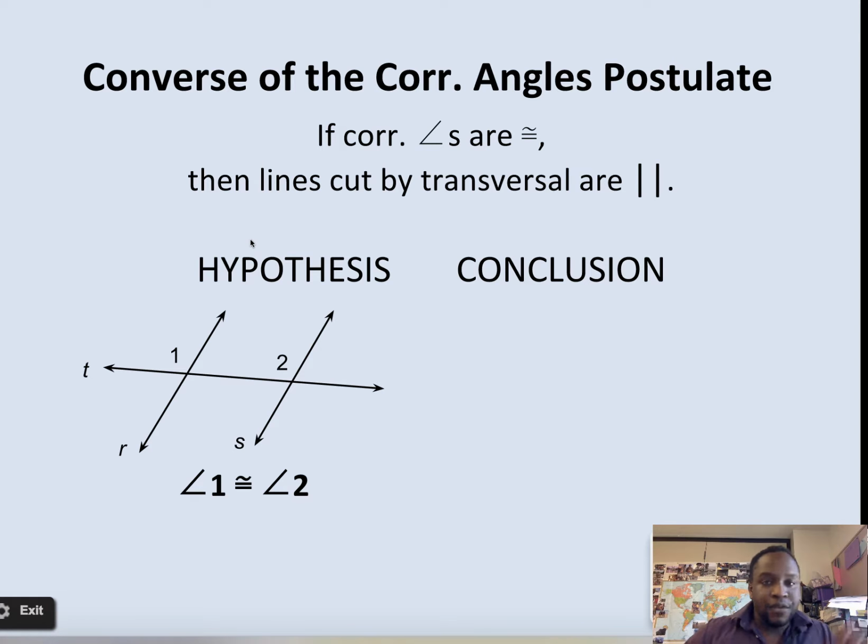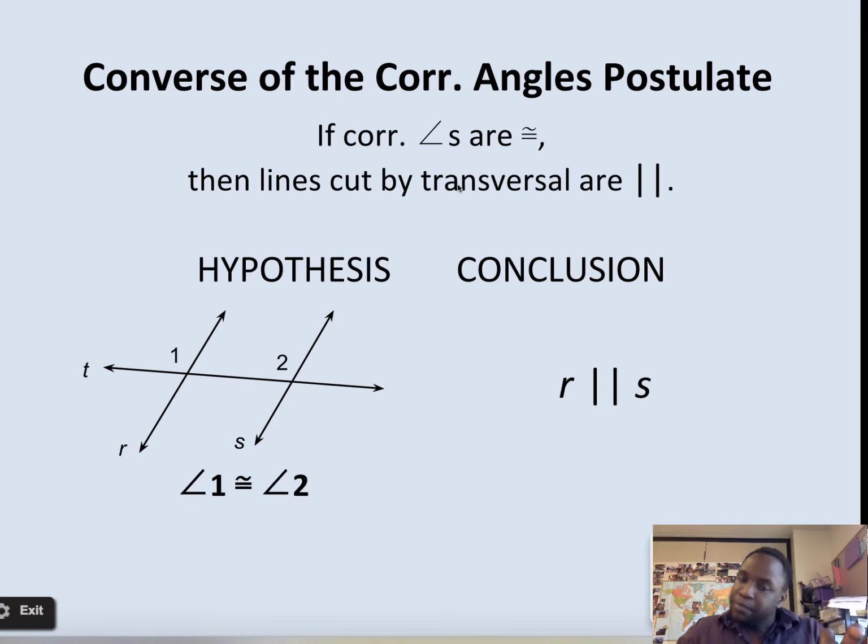Now remember, the converse is instead of if P then Q, it's now if Q then P. So it's saying if the corresponding angles are congruent, then the lines are parallel. So if corresponding angles are congruent, then the lines cut by the transversal are parallel.